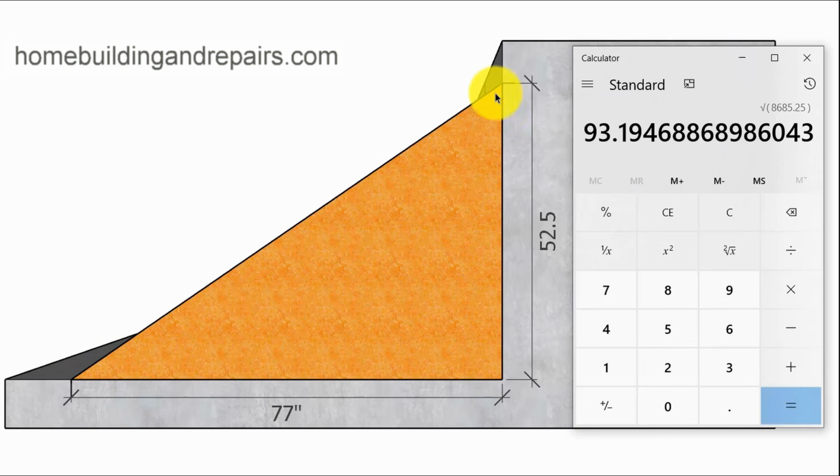I already double checked it to make sure that all my math was correct. So not that difficult. An 8-foot piece of lumber is going to be 96 inches. So with 96 inches, for my stairway here, I can get an 8-foot piece of lumber, and I'm going to be fine. So hopefully that makes sense.